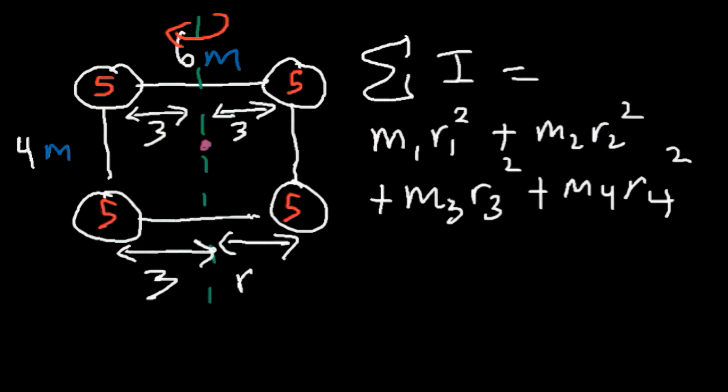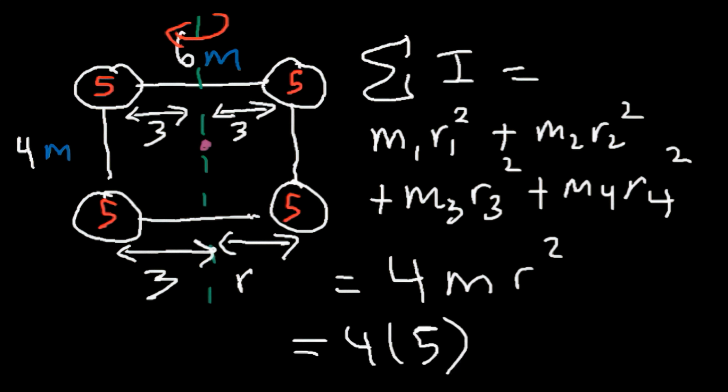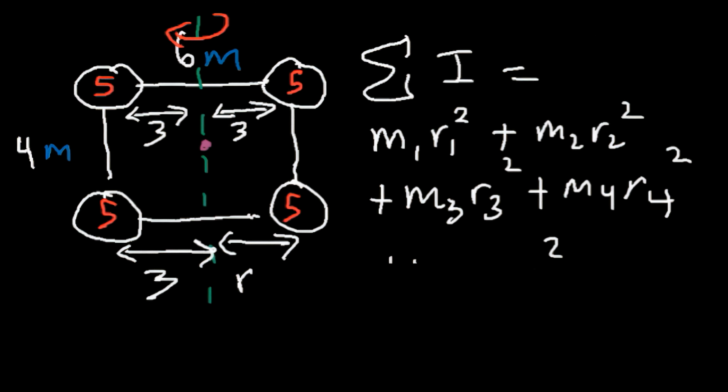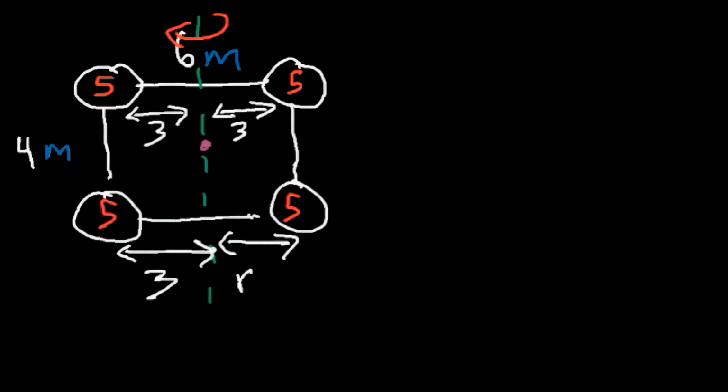So we can add these values. This is going to be 4m times r squared, because m1, m2, m3, m4 are the same. So if you add them, you just get 4m. And then r is the same. So it's 4 times a mass of 5, so the total mass is 20. And they're each 3 meters away from the axis of rotation. 3 squared is 9. 4 times 5 is 20. 9 times 20 is 180. So that is the inertia of the system when the axis of rotation passes through the center of mass.